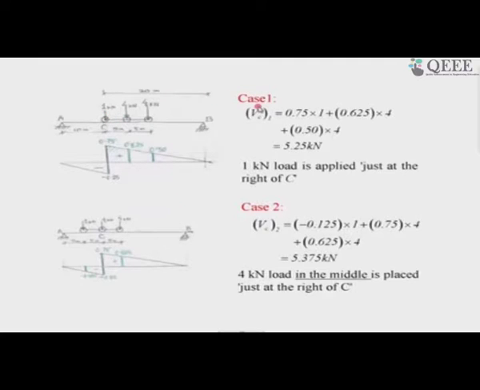Now, these are the difficulties which the students may face, that is why we are discussing.